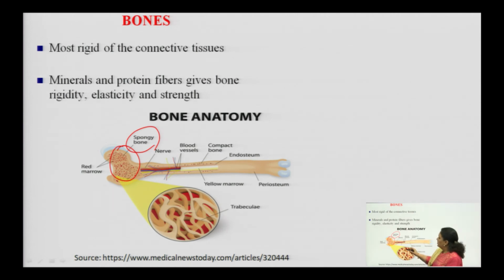After this spongy bone, we have the nerve supply, which provides the neurotransmitters for the functioning of these bones. After the nerves, there are blood vessels for the blood supply, and the spongy bones are connected with the compact bone structure.